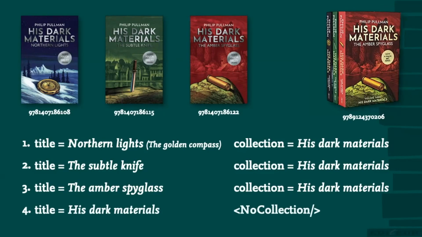Perhaps this seems odd, but the box set isn't part of the collection, it's all of the collection. Its product title is the same as the collection title of the 3 books, and for the box set, you don't repeat that shared identity twice in both title and collection title. In fact, you can often add an empty no collection tag to emphasize this.